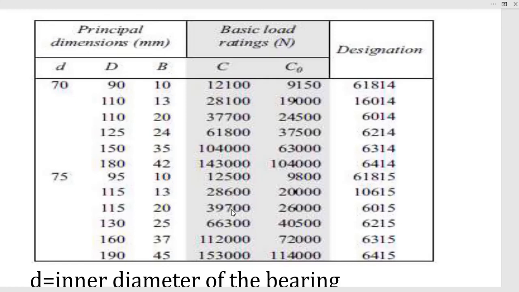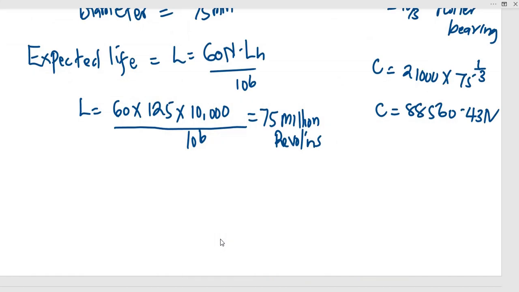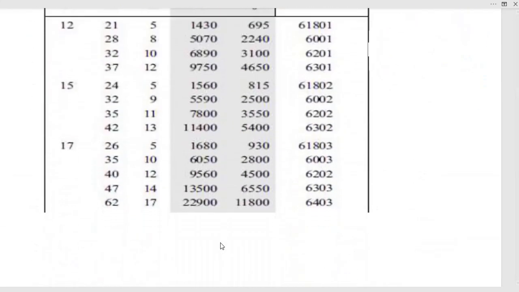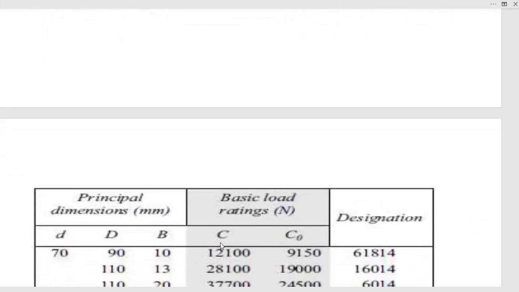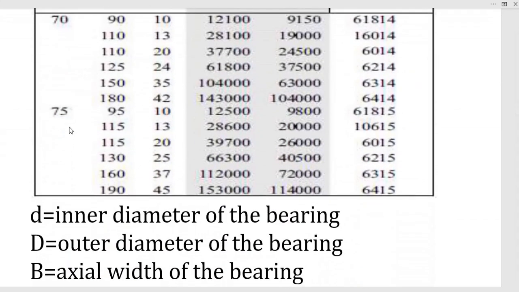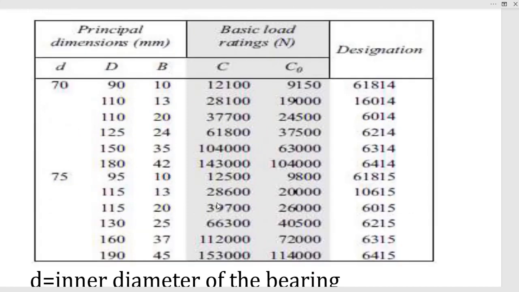So we look at these values of C and determine which one is close to 88,560. Which value is close to that for the 75 millimeter inner diameter bearings? The one which is close to that is 112,000.